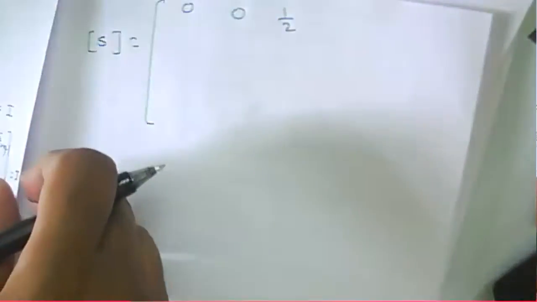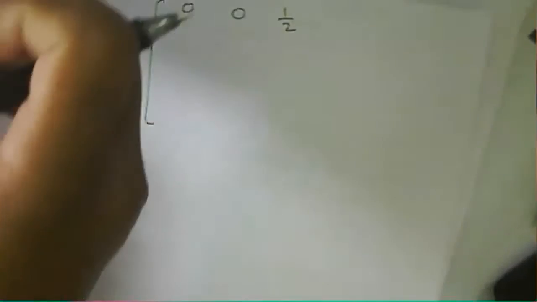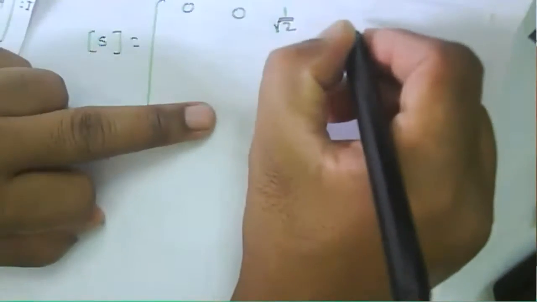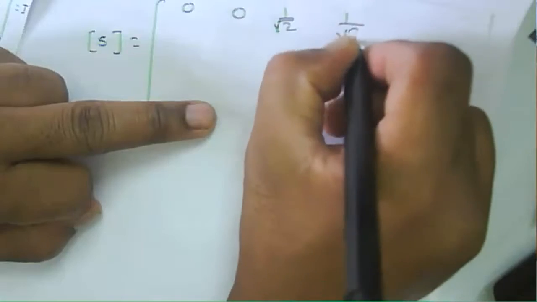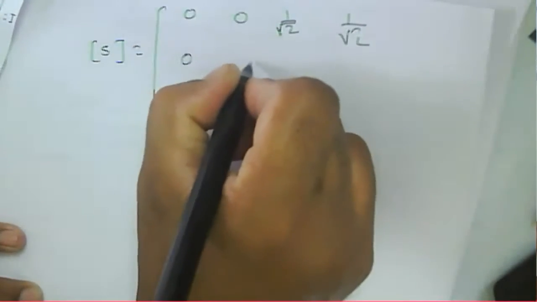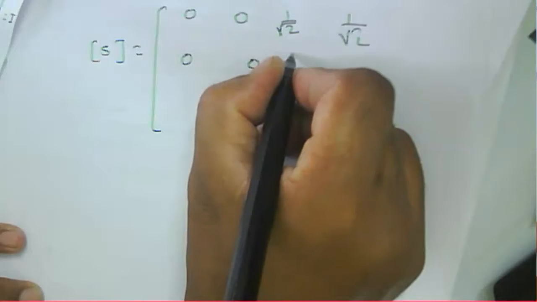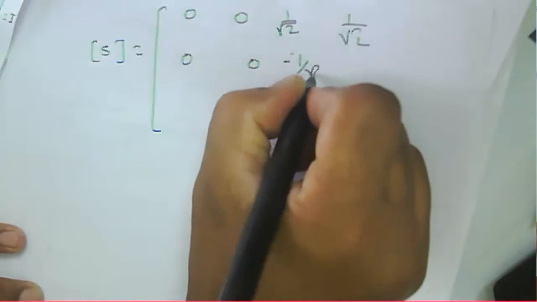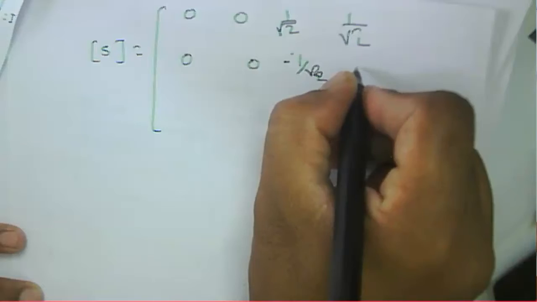Here S13 is equal to 1 by root 2, and S14 is again 1 by root 2. So if you write all these values, this becomes 0, and this is nothing but minus 1 by root 2. This becomes 1 by root 2.